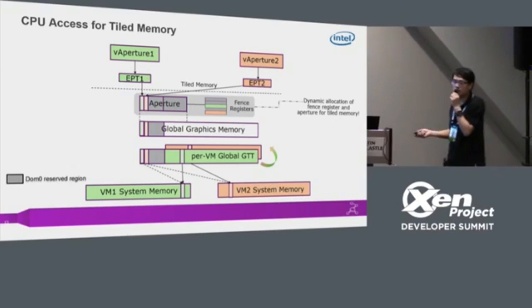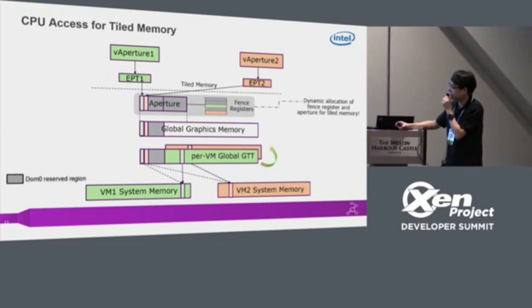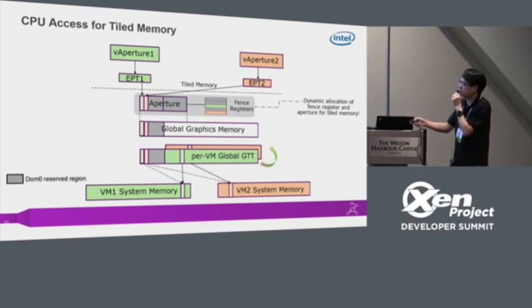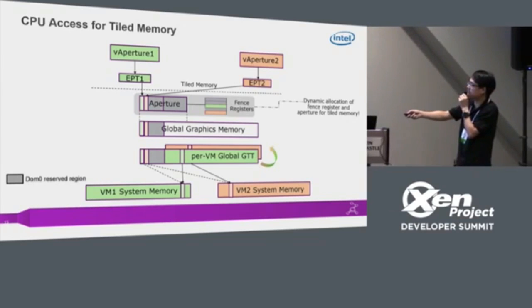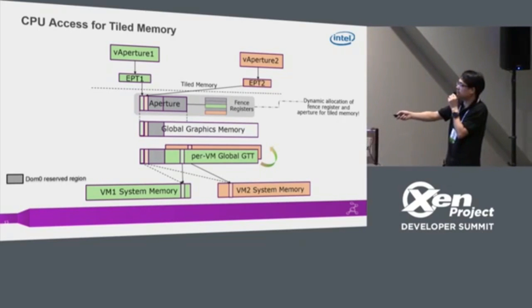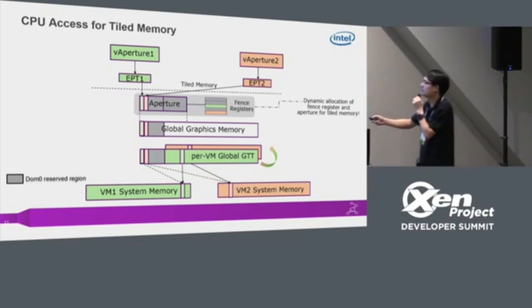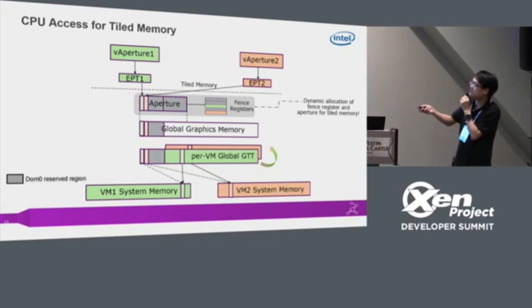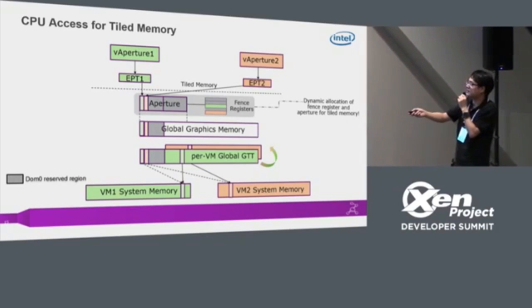It's very similar to what we have to handle with the display engine access. How we handle the display engine is that we reserve a particular range at the beginning of the global page tables. This range will not change during the global page table switch. In the same way, the CPU access will always be limited to this reserved range.